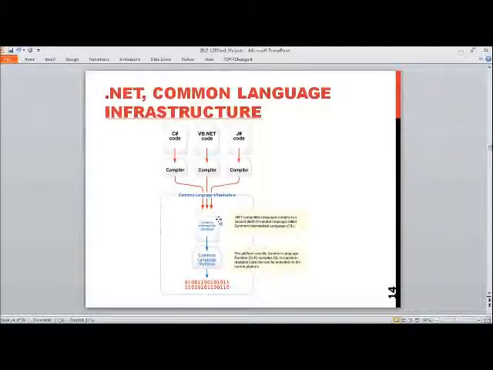You always can create modules which can be used in this common language projects.